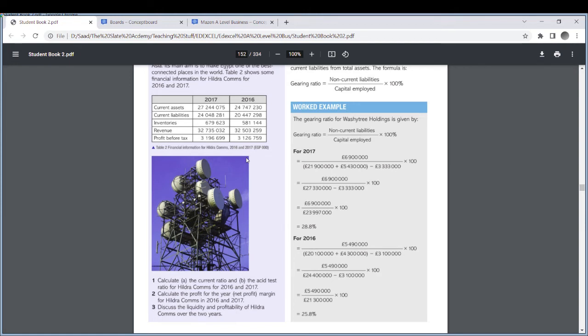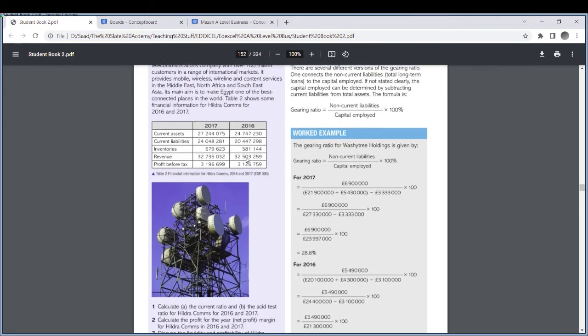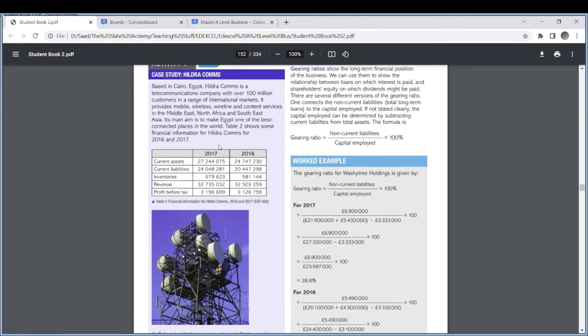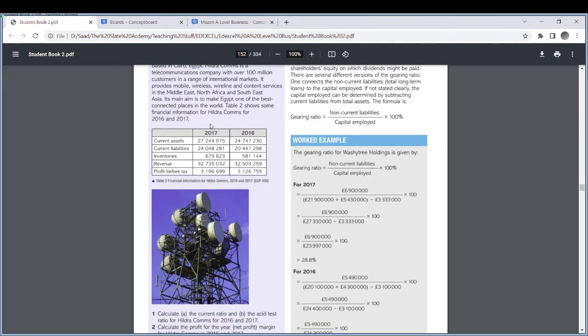Net profit you're given over here, profit before tax. Is that net profit? Do they tell you how much tax percentage you have to apply? No. Hmm, I'll have to check.